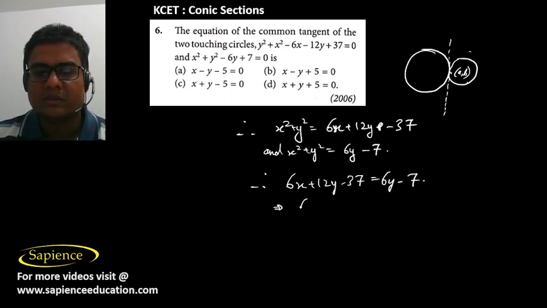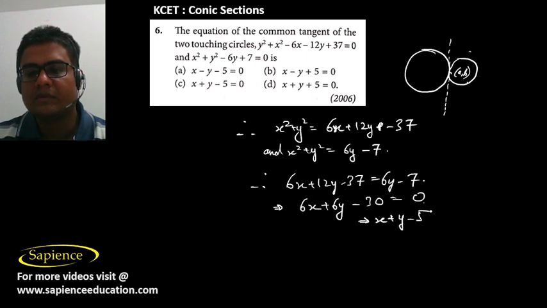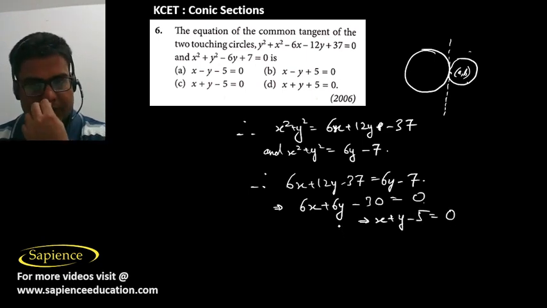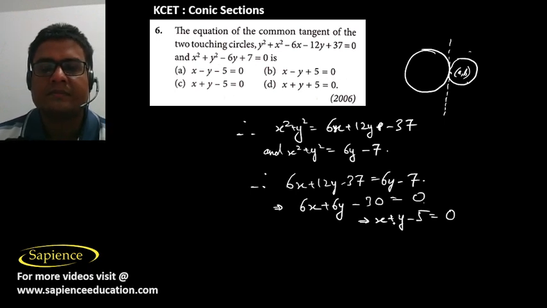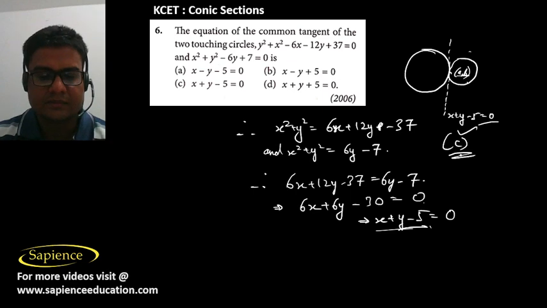So it means 6x plus 6y minus 30 should be equal to 0. So we can say x plus y minus 5 is equal to 0. So a comma b should lie on this straight line. Therefore the equation of this common tangent is x plus y minus 5 equal to 0. So option C is the correct answer.